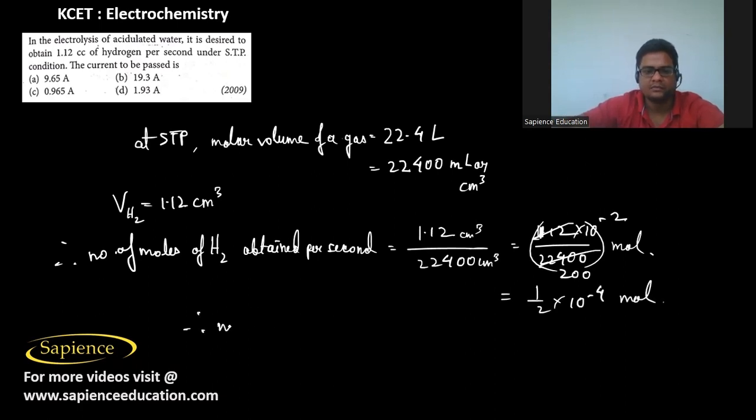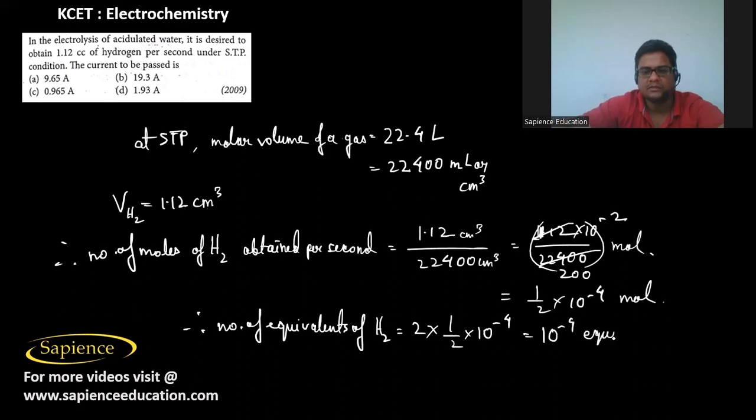And therefore the number of equivalents of hydrogen will be equal to 2 into the number of moles, that is 2 into half into 10 power minus 4, so that is 10 power minus 4 equivalents. Why?